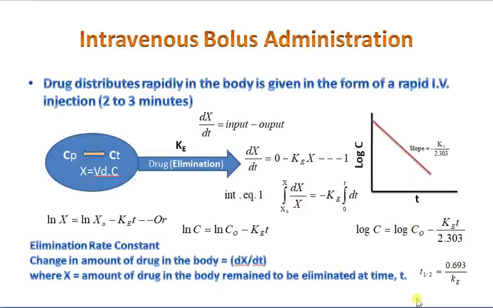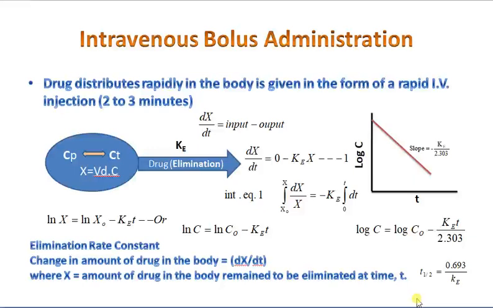Then we find the equation: natural log x is equal to natural log x naught minus Ke t, or it may be written as natural log c is equal to natural log c naught minus Ke t, or in the form of log base 10, log c is equal to log c naught minus Ke t divided by 2.303.